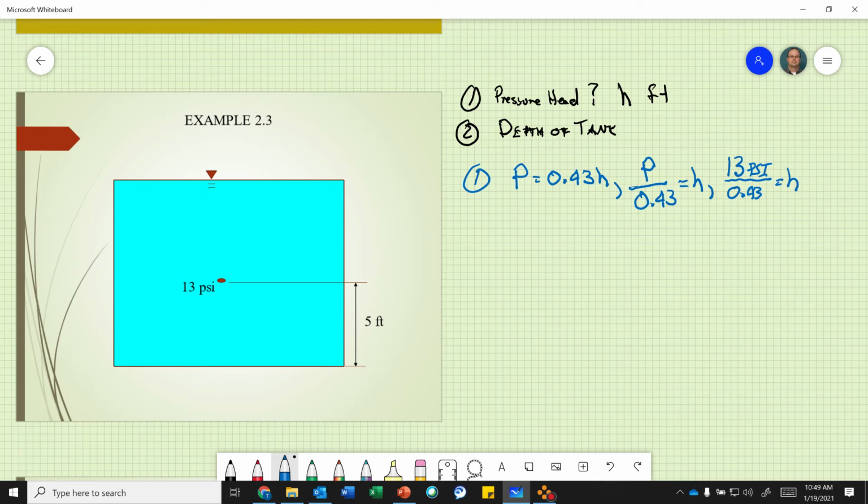So 13 divided by 0.43. So I get 2.3 feet.